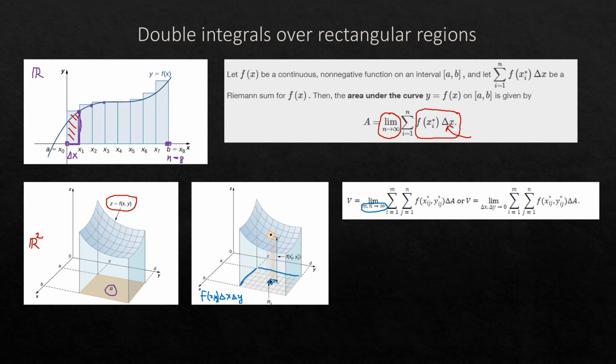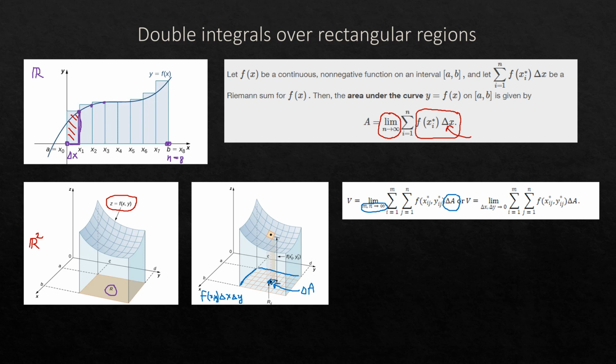Okay, so what happens here? Both of these numbers need to go to infinity. So these rectangles, the little rectangles in R, get smaller and smaller. And this delta A just represents the change in the area of each one of these rectangles. So that's your delta A right here.